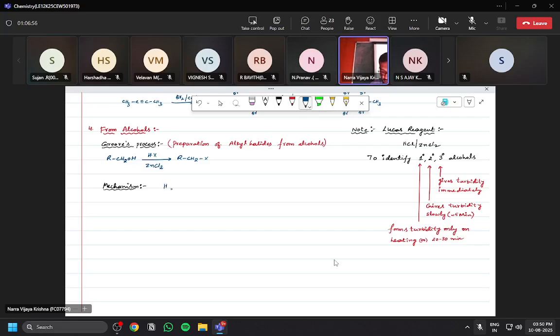If I take HCl with ZnCl2, it forms ZnCl3 minus and H plus.